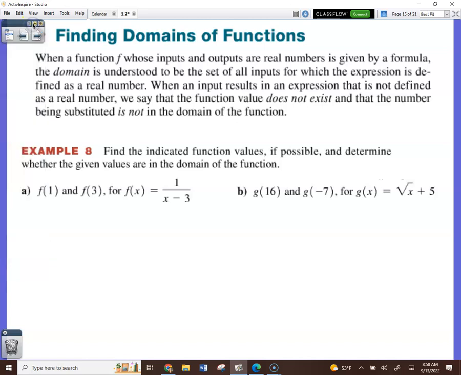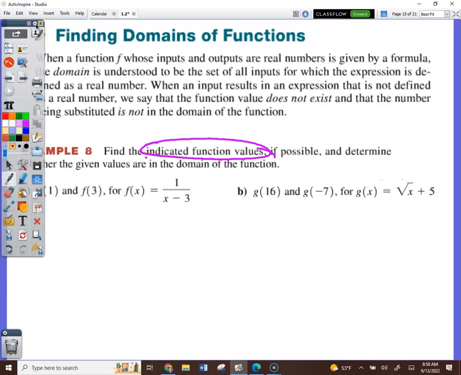So let's look at this. Find the indicated function value. What does this mean? It's as simple as that. Plug it in. Find the indicated function values means plug it in. If possible, it says, because it could be a number outside the domain, and determine whether the given values are in the domain.